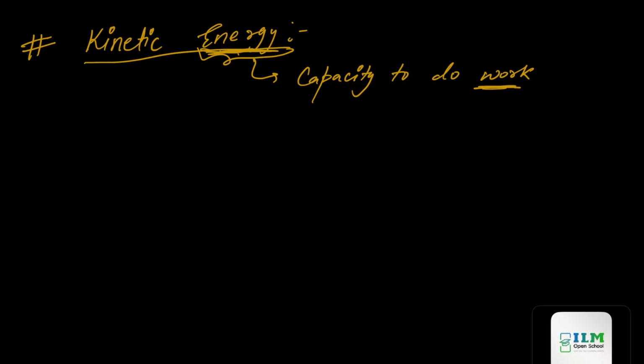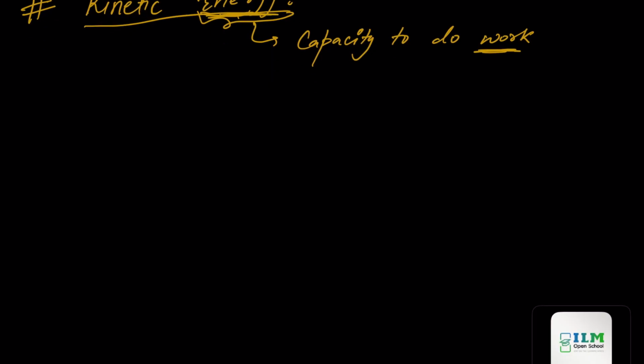If an object can do work, it means that it has some energy. Without energy, no one can do any work. Let's say a moving car can push another car, a moving ball can break glass. It means it has some energy to do the other work.